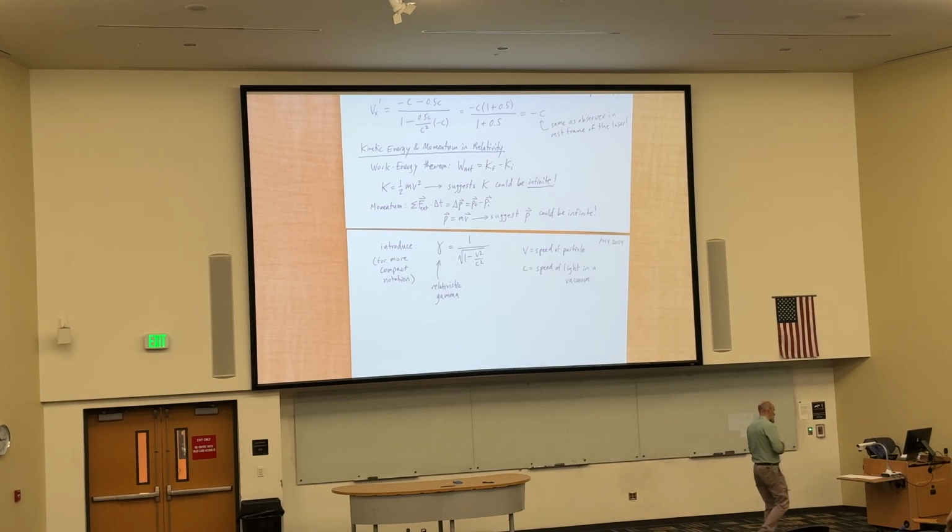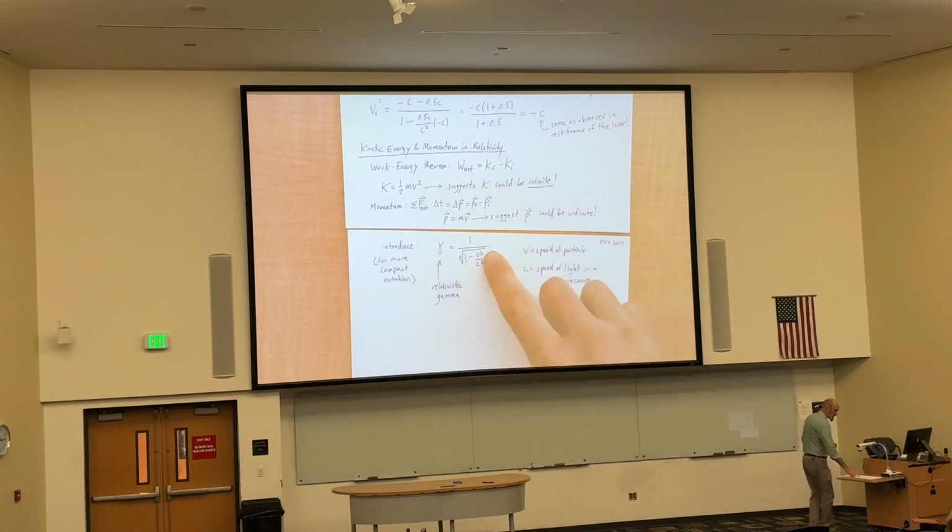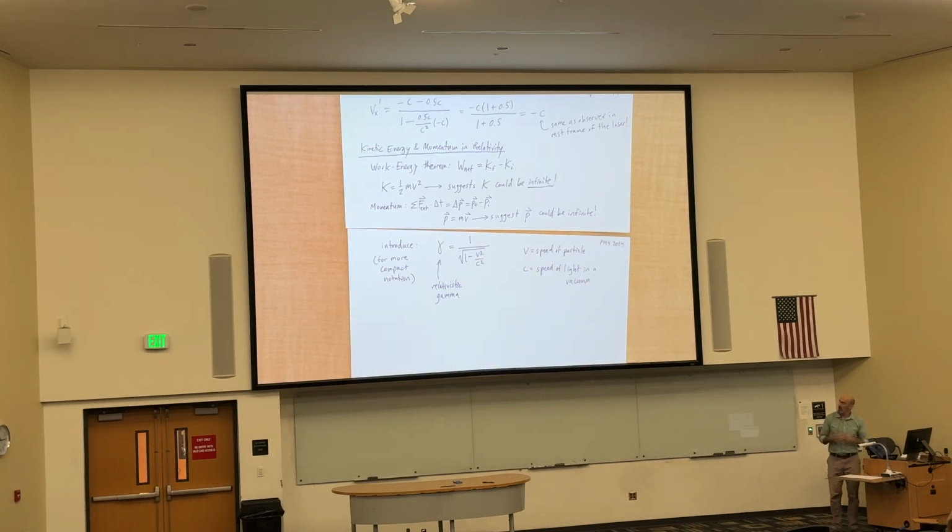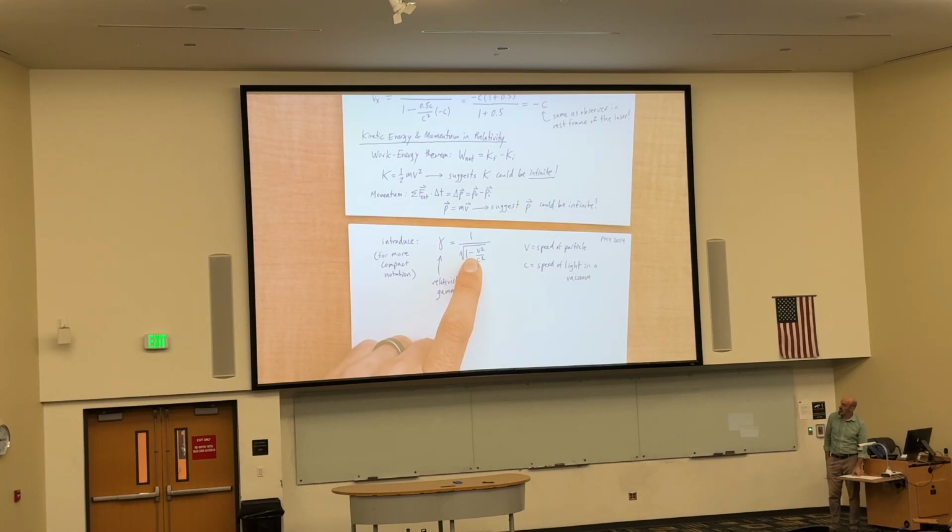For any other, larger v, gamma is larger than 1, because this denominator becomes smaller than 1. For instance, we did an example previously with the arrow traveling through the box. If it's traveling at 6/10 of the speed of light, then this denominator becomes 1 minus 0.36, which is 0.64. The square root of that is 0.8.